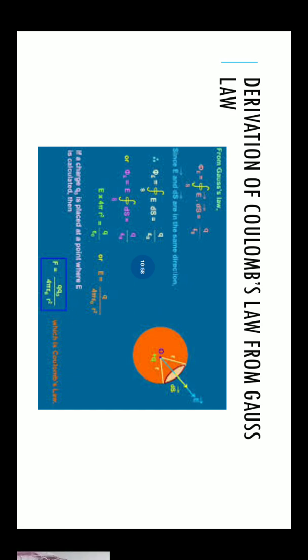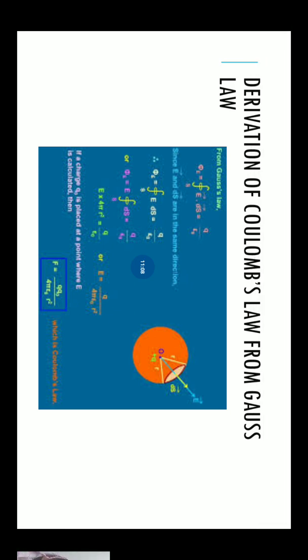So when we use this E dot ds and multiply them, what do we get? Electric field moves away from the surface, and ds is also in the same direction, so the angle between them will be 0. E dot ds is equal to E ds cos theta, that is cos 0, which is 1. So flux is E into ds, and Gauss law says that flux is Q upon epsilon naught.